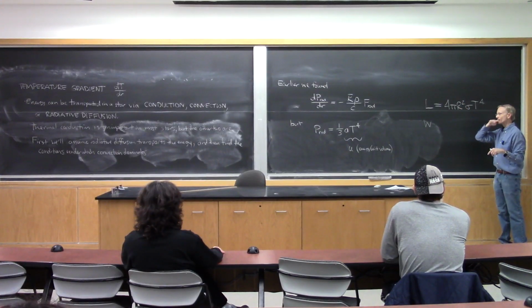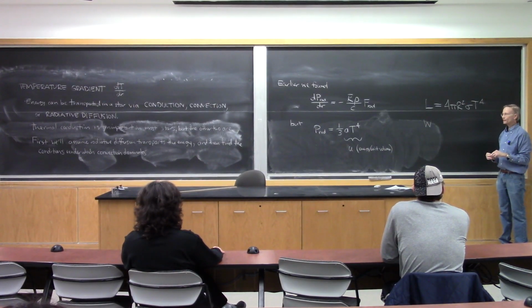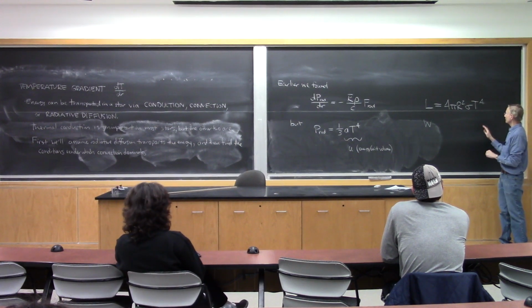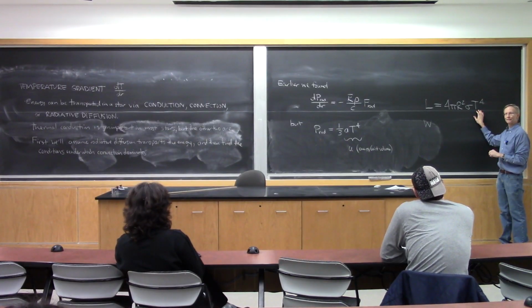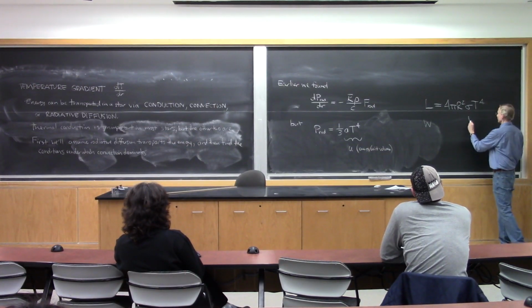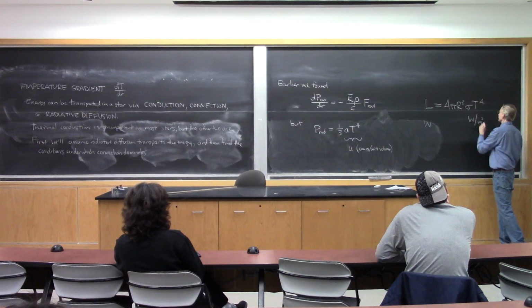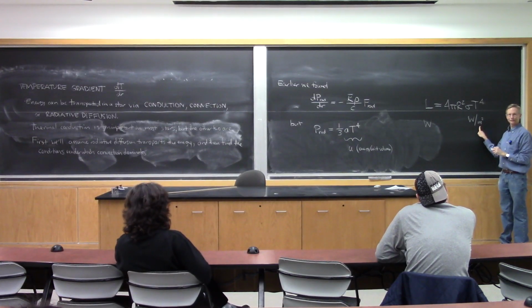I could have just said, find an expression for a star's luminosity in terms of its radius and temperature. And then the logic is, okay, well, sigma T to the fourth power, what's that unit-wise? What does it represent? Watts per meter squared, right?